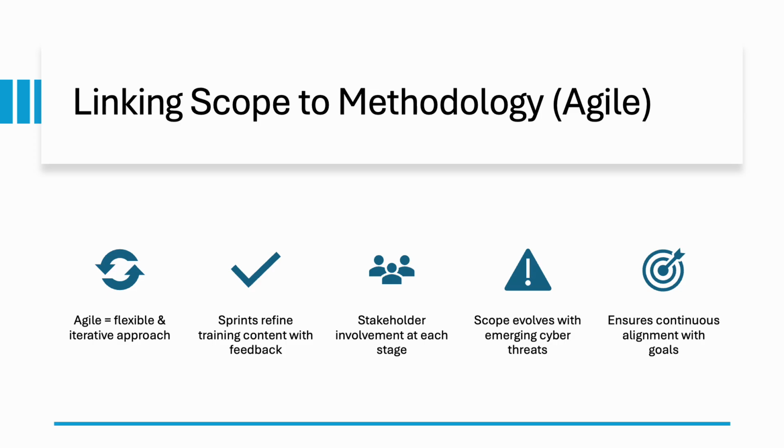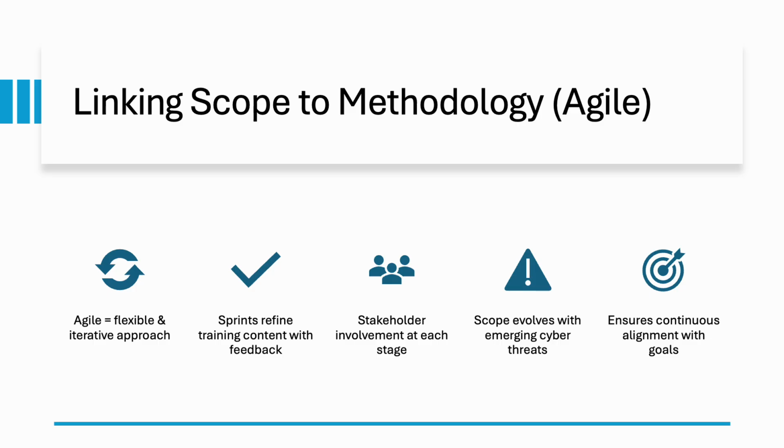For example, if a new form of phishing attempt becomes widespread during the course of the project, the team can add a new simulation or training video in a subsequent sprint. This ability to adapt ensures that the project scope remains relevant and effective even as conditions change.